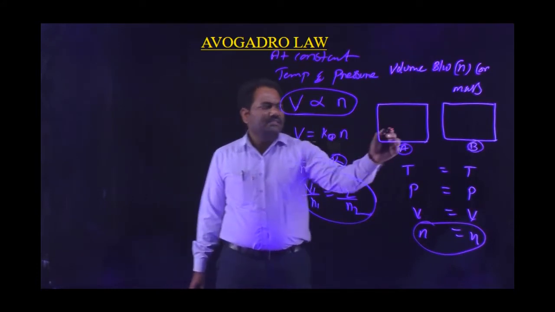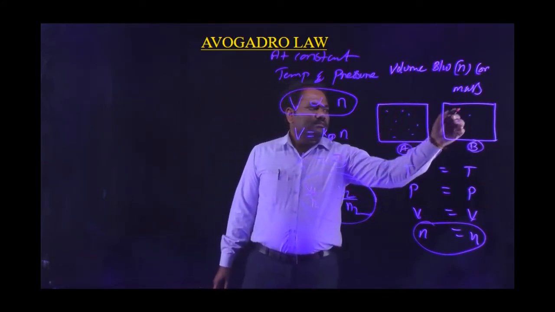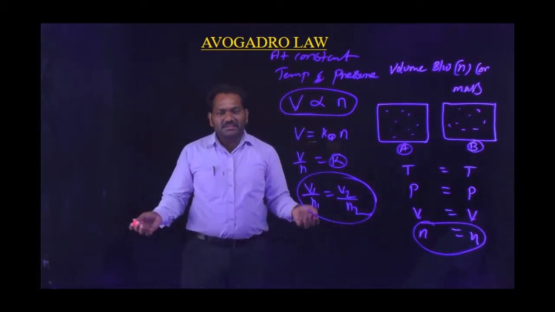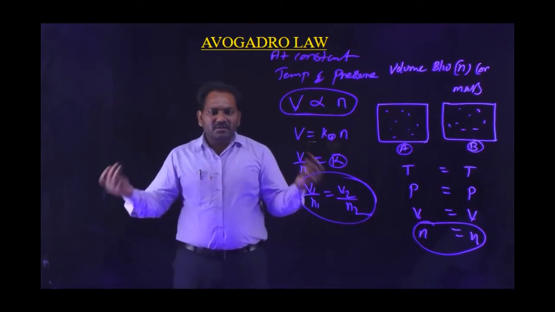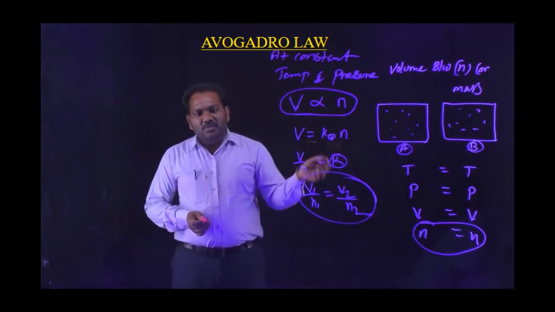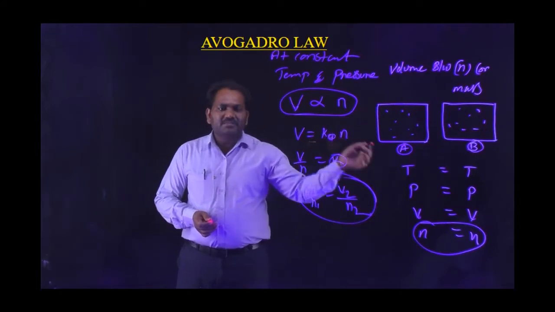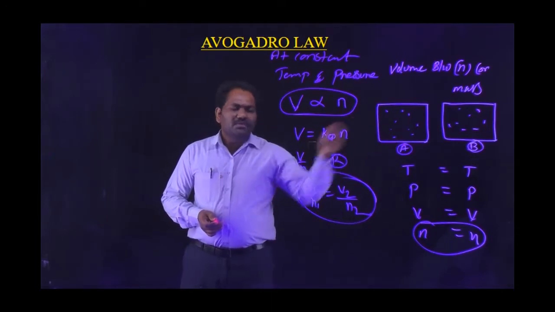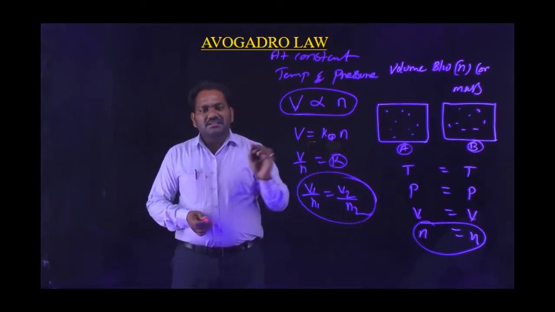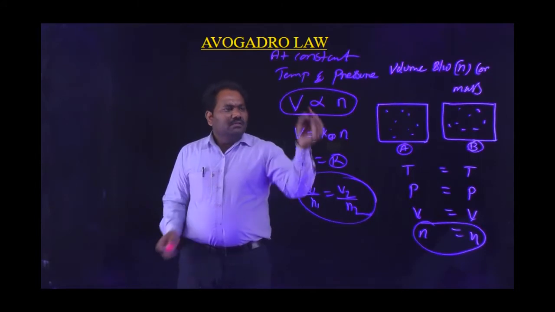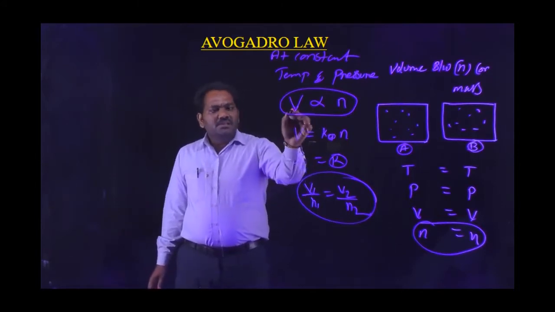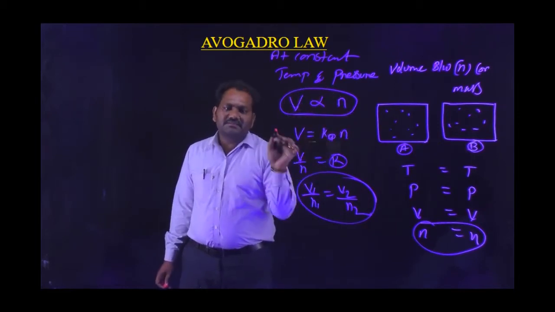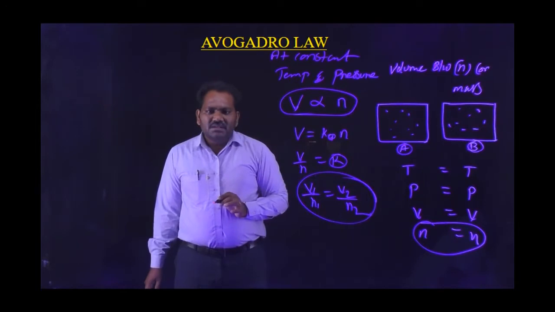It may be the number of molecules; in the case of noble gases, we consider the number of atoms. In the case of molecules like CO2 and SO2, they have the same number of molecules. At constant temperature and pressure, for any gas, the volume is directly proportional to the number of particles present in that gas. This is the definition of Avogadro's law.